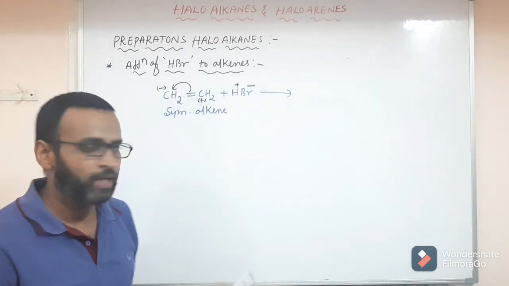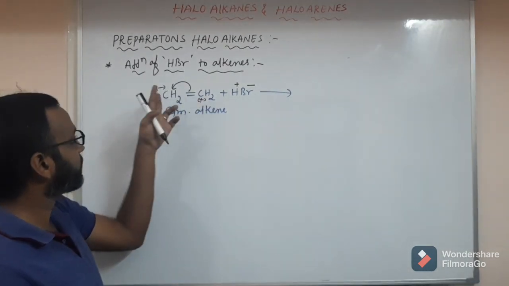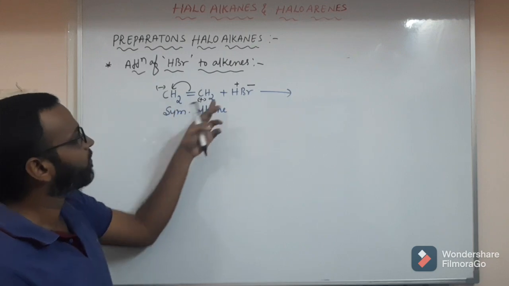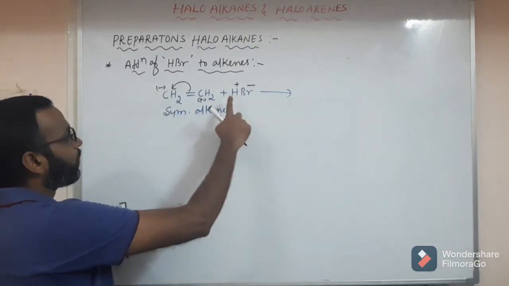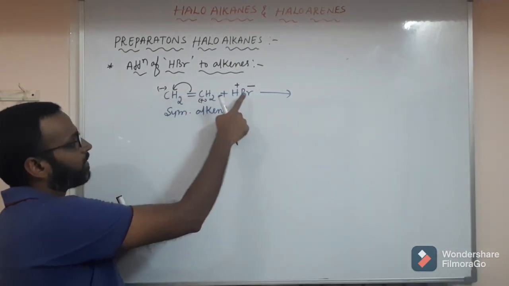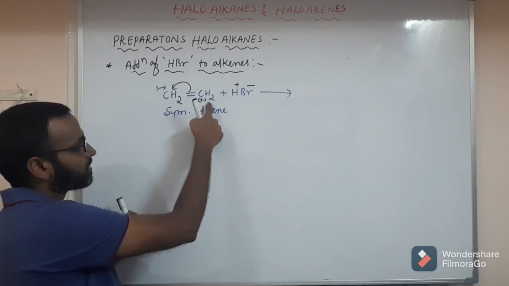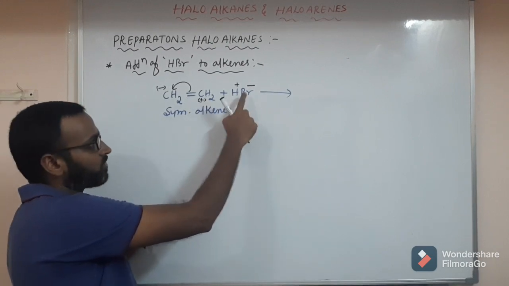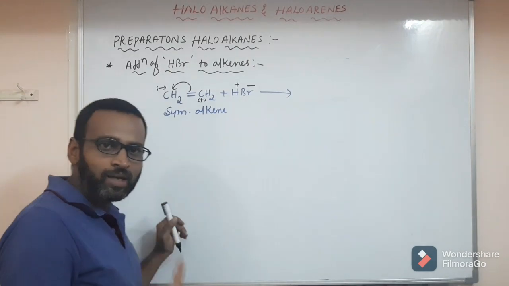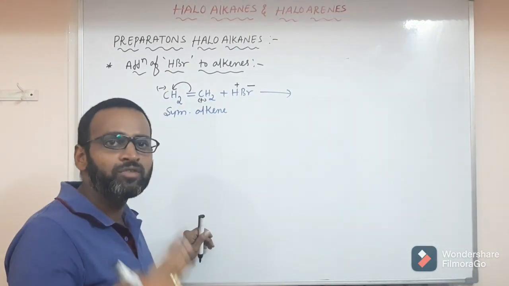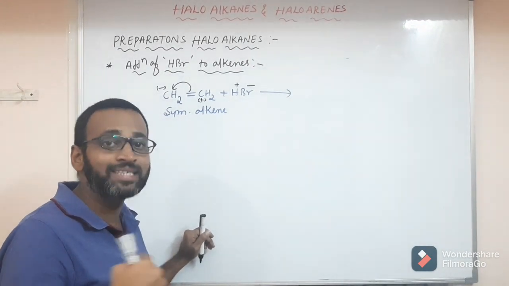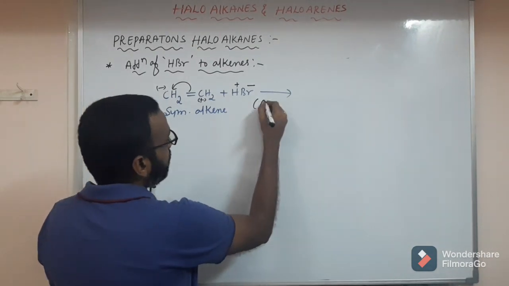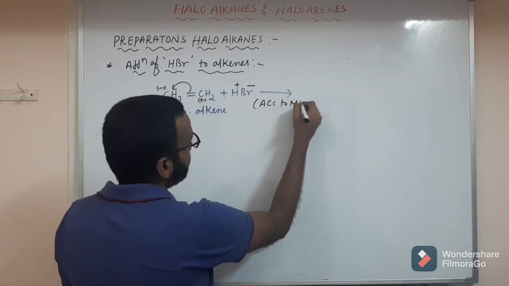Both are same, CH2 minus, CH2 plus. Now H plus will add to the negative carbon and Br minus will add to this carbon. Negative species will add to what carbon I said? Double bonded carbon which has less number of hydrogens according to Markovnikov rule.